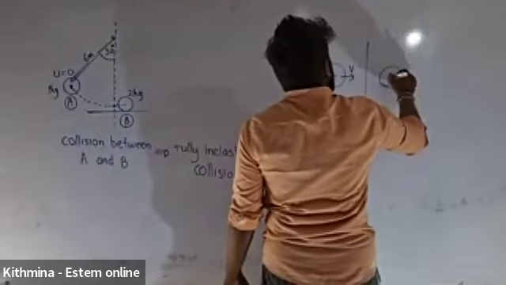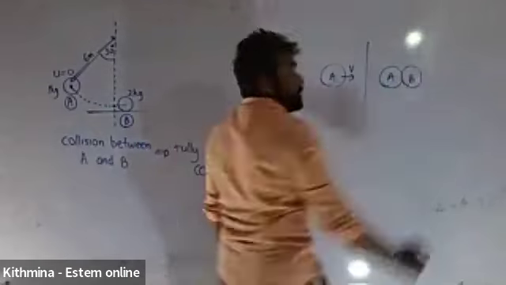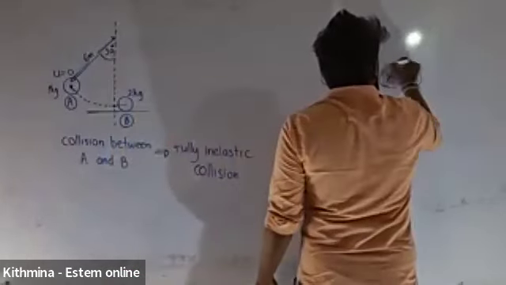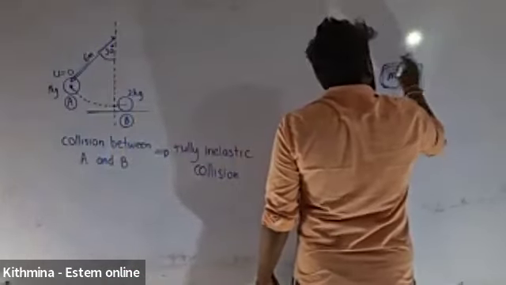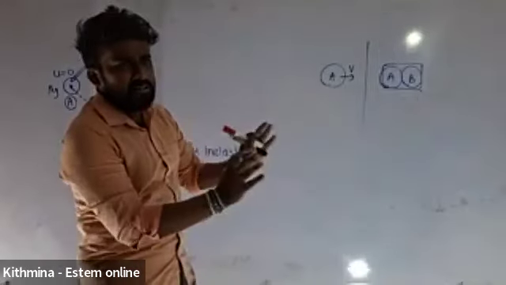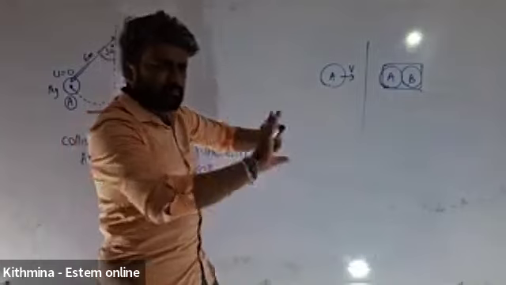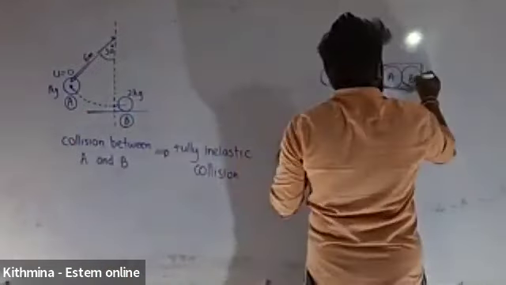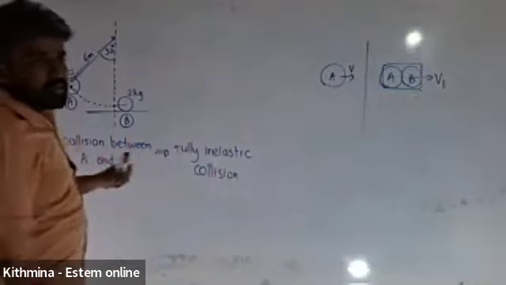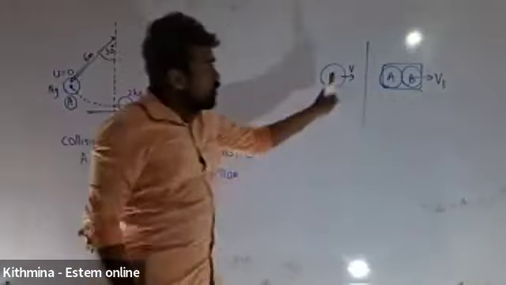After the collision, A and B get attached. Then we can treat both A and B as a single object. This is V1. First, we should find this V.